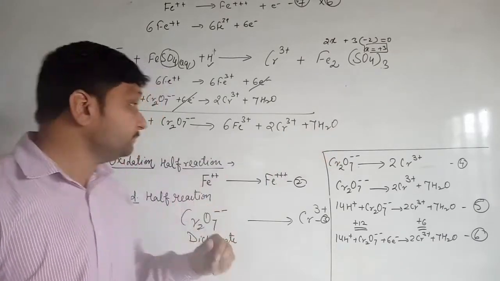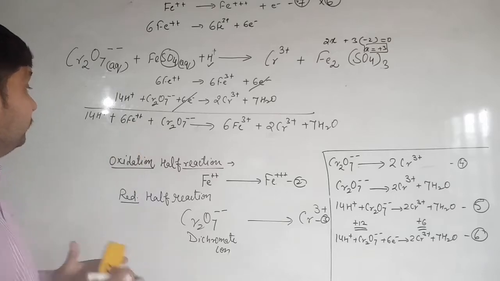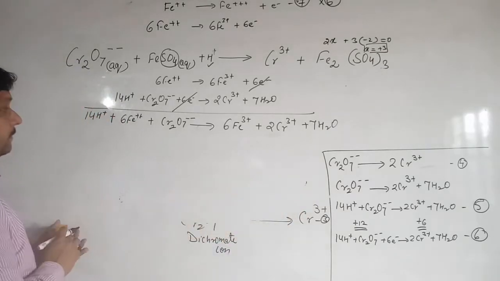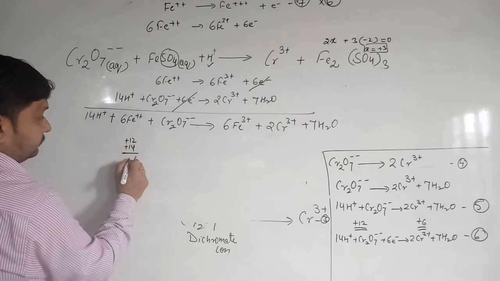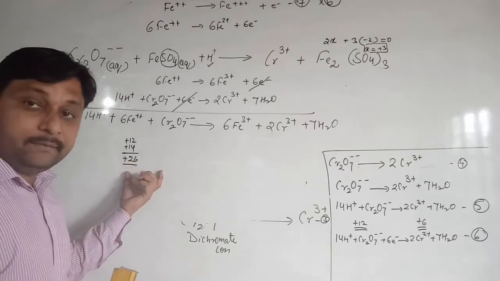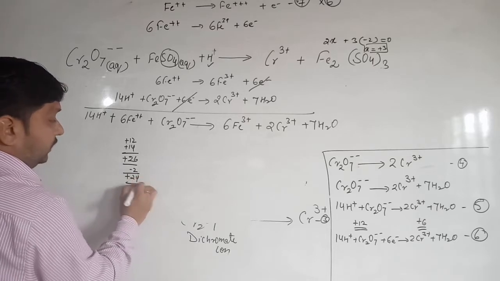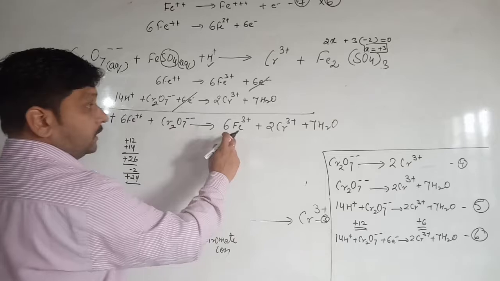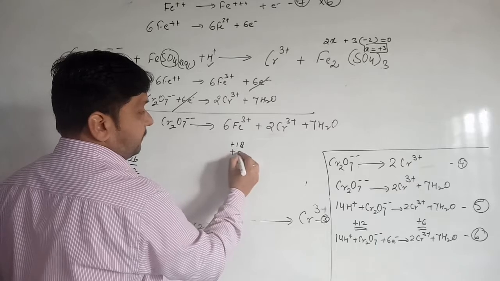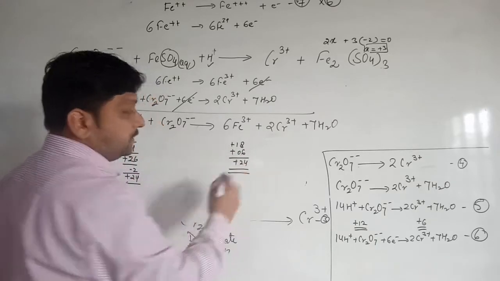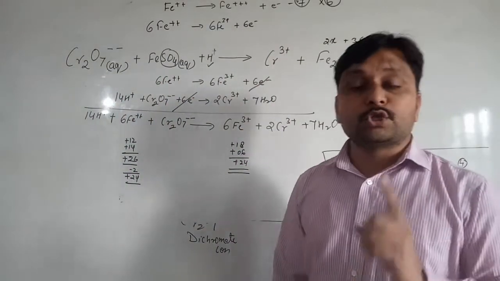Now we can check the charges. 14 positive, and 6 times 2 positive means 12 positive, so 26 positive on this side, and 2 negative, that is 24 positive on the reactant side. This side, 6 times 3 is 18 positive, and 3 times 2 is 6, so 24. It means both sides have the same charge, clear, and the atoms are also the same.